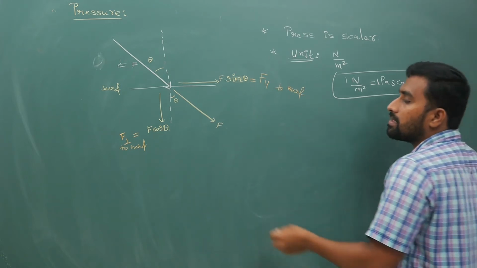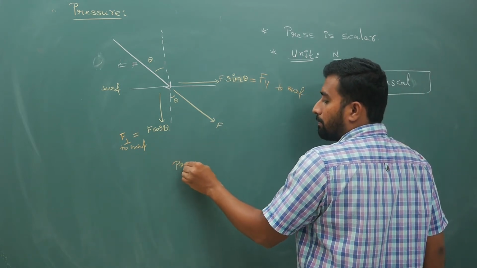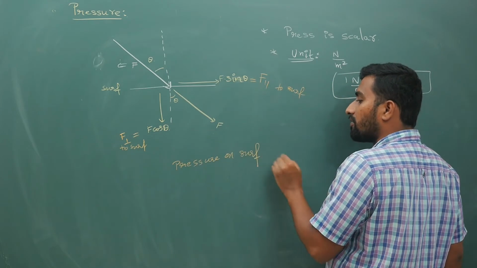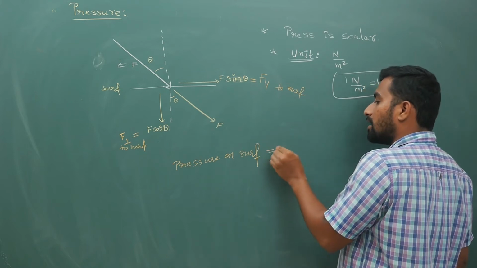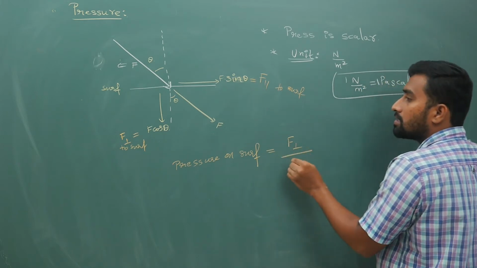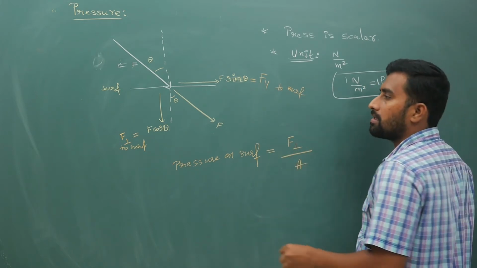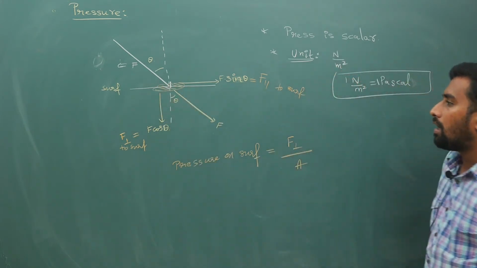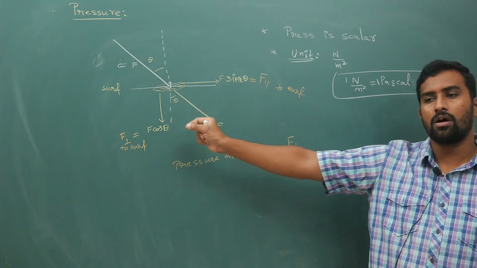Now your pressure on a surface is the force that is acting perpendicular to the surface, by area. So if you take an area A here, across the surface we will talk of pressure.